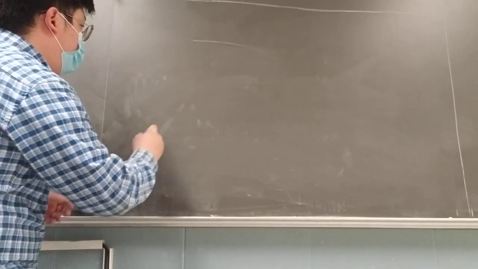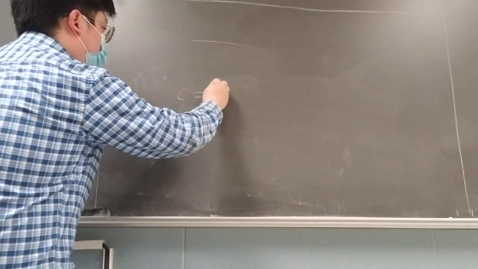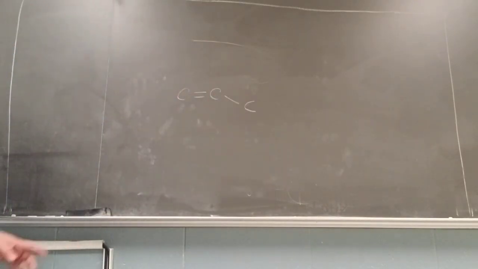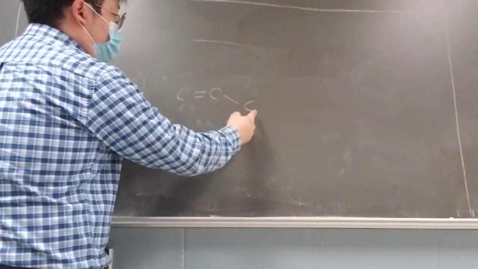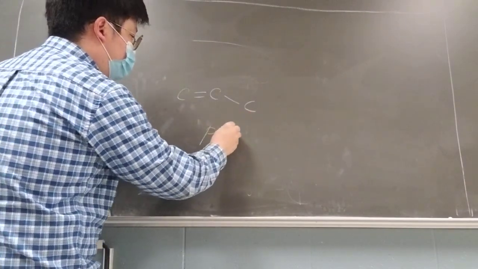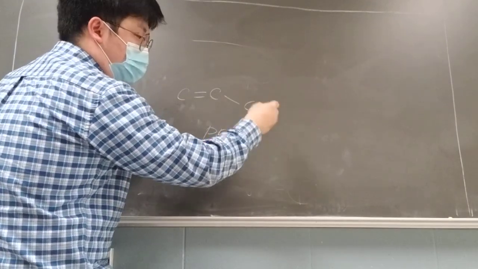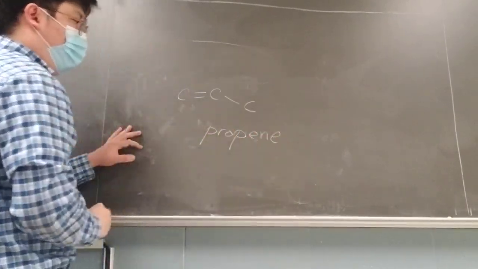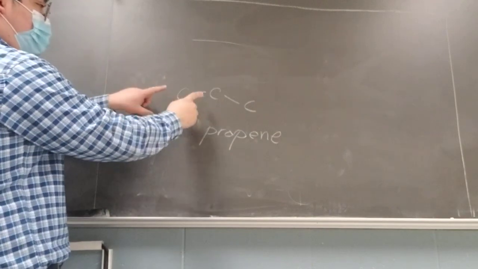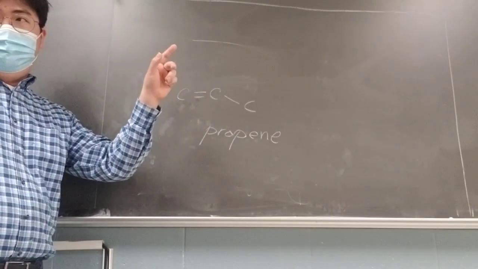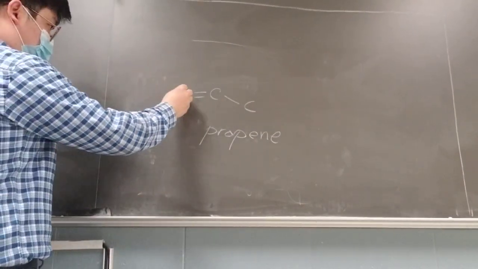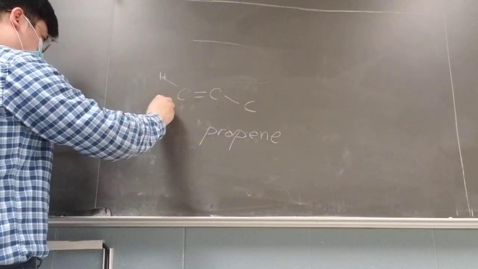How about we try this one? This is 3 carbons, right? So it'd be prop. But we have a double bond here, so we put not A-N-E, but E-N-E. That's propene. And a double bond counts as 2, not 1. So this carbon will only have 2 hydrogens on it.